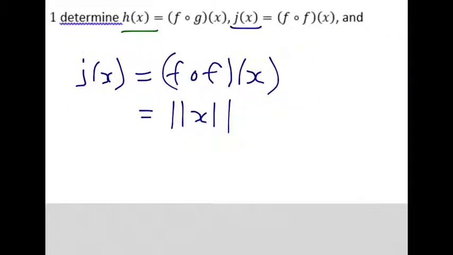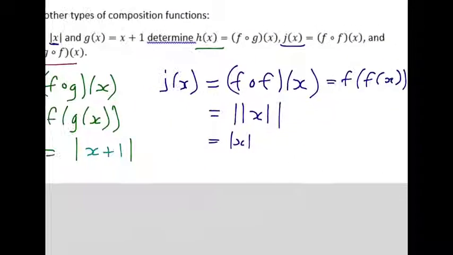Right? I'm composing f inside of itself, which gives some really weird things. Actually, this would just still be the absolute of x, because the moment you absolute a number, that makes it positive, and you just do it again, and it makes it positive again, but it was already positive, so it's super positive. So I guess you could just rewrite it as that again, and you would still be right. Does that make sense?